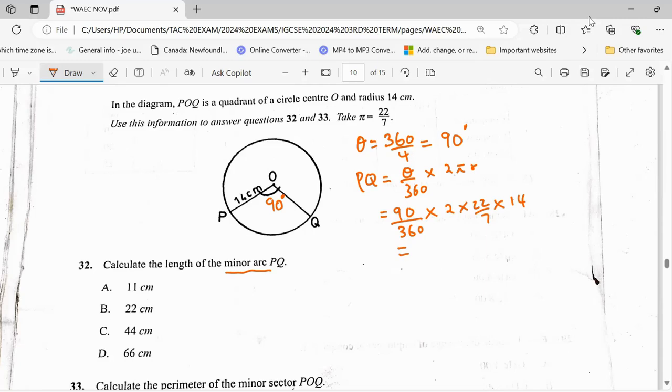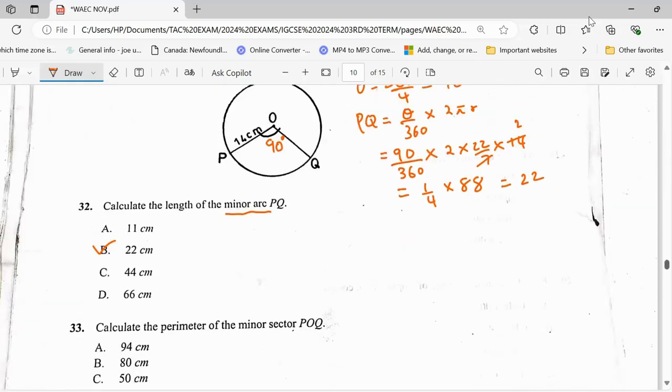If we work on this, we have 1 over 4 times, of course, 7 can go here and give us 2. So we have here 88. So 1 over 4 times 88 will give us 22, and that is option B. We mark that and we proceed to question number 33.